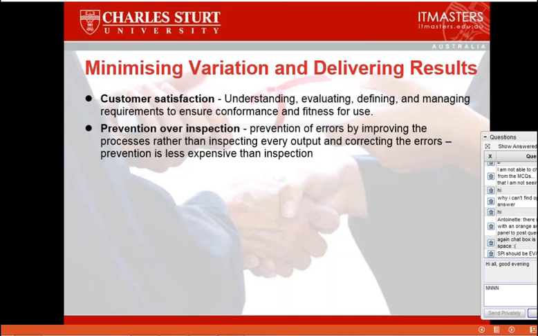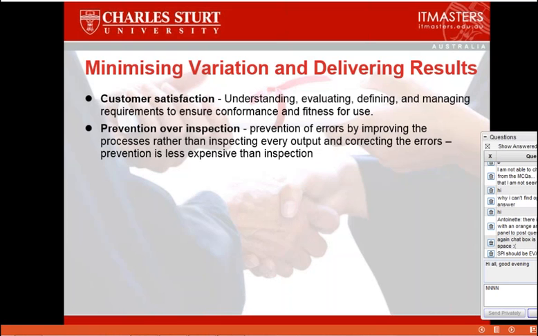Customer satisfaction. Essentially, quality is all about delivering customer satisfaction, and it involves understanding, evaluation, defining, and managing requirements to ensure conformance and fitness for use. We have the concept of prevention over inspection. In an operational environment, you try to prevent any issues occurring, and you try not to do inspection, because if you're trying to inspect every single bottle of shampoo, it's totally unrealistic.